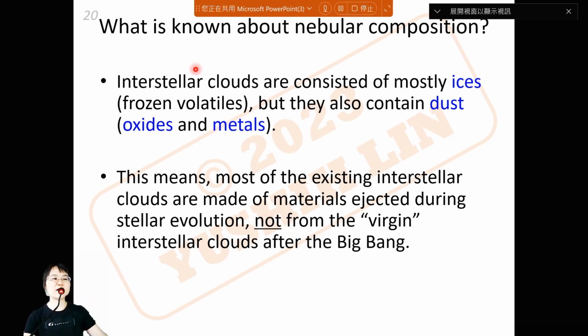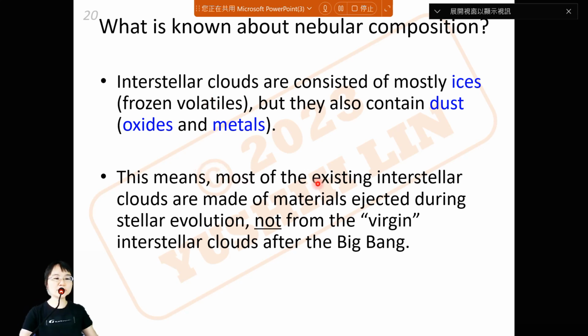They figure out that interstellar clouds consist mostly of ice, but they also contain dust, oxides, and metals. You see more advanced forms of matter. Here, the ice, do not think of it as ice cubes for your drinks. It's actually frozen volatiles. That could mean any kind of gas, like nitrogen, oxygen, methane, CO2, they are all volatiles.